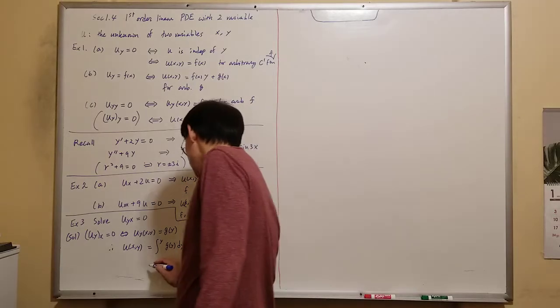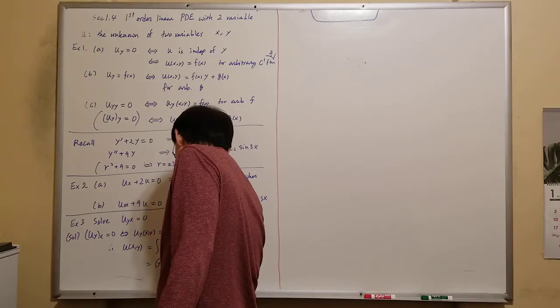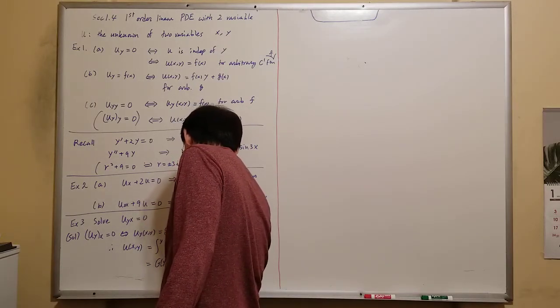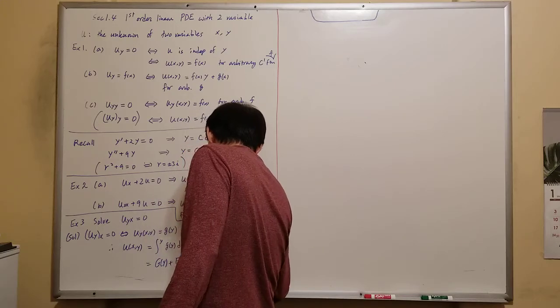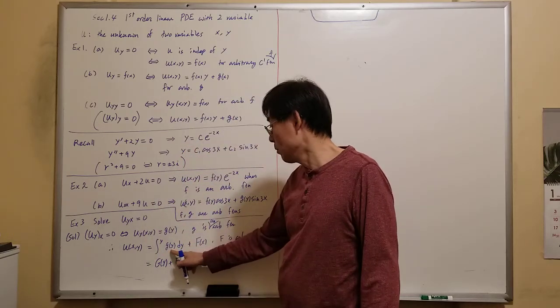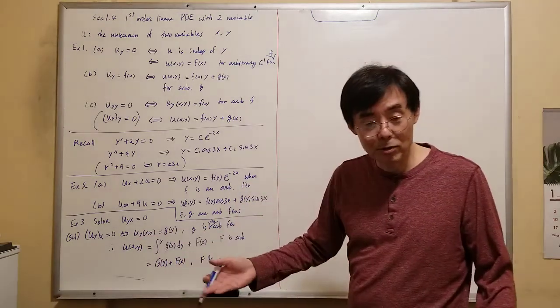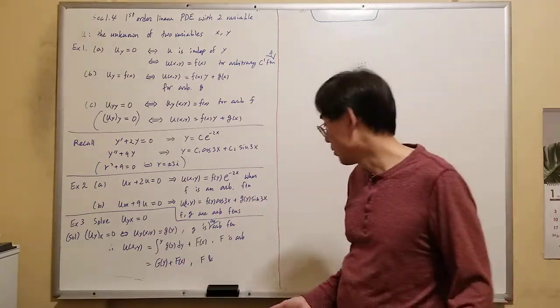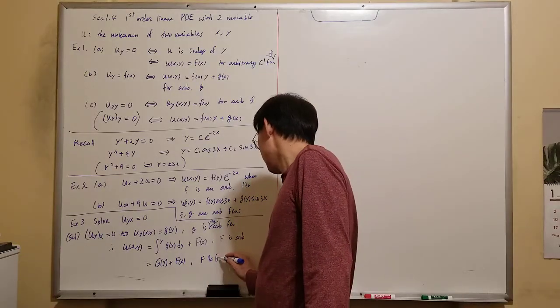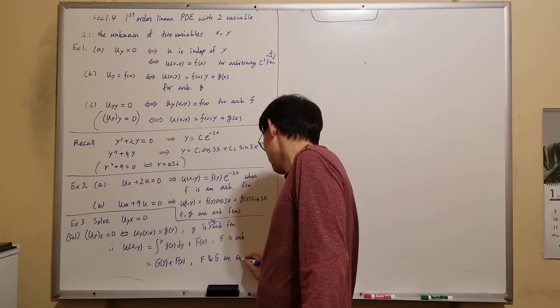So I'm going to call it capital G of y plus f of x, where f and g of y are arbitrary functions here, right? The antiderivative of an arbitrary function will also be another arbitrary function. So I can just say that they are arbitrary functions.